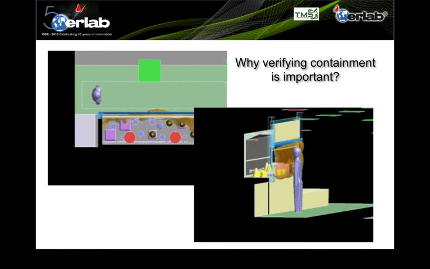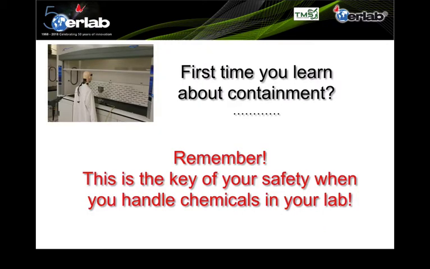So the chemist will always be safe when handling chemicals in the fume hood. Is this the first time you have learned about containment? Remember, this is the key to your safety when you handle chemicals in your lab.